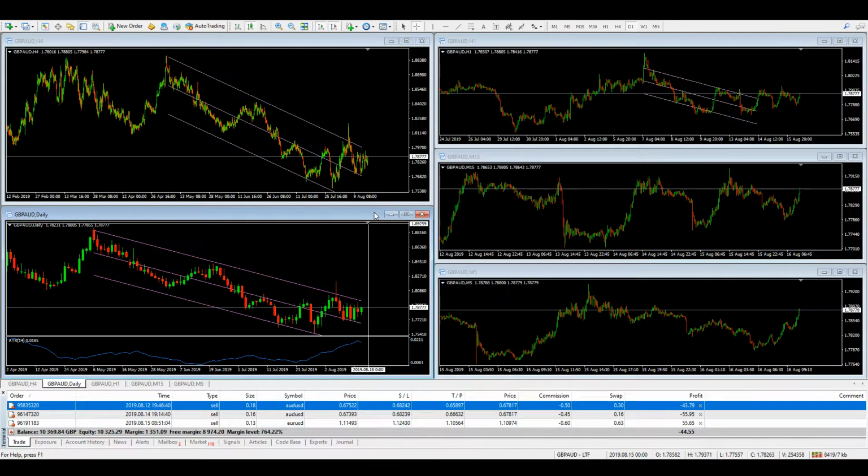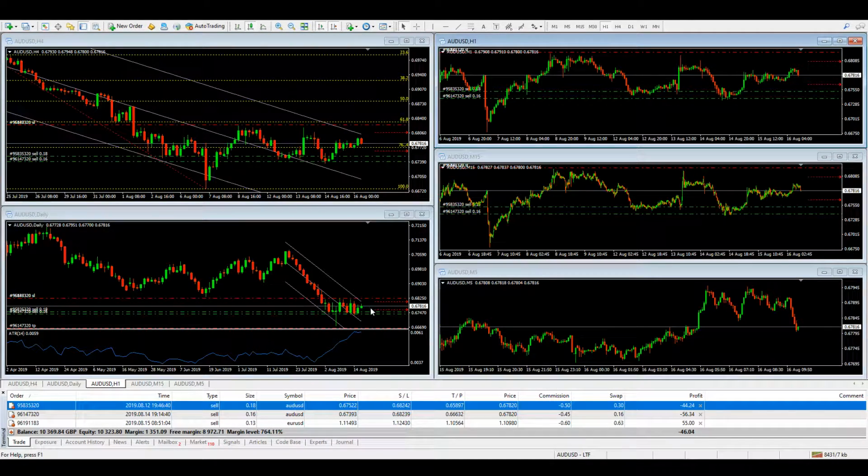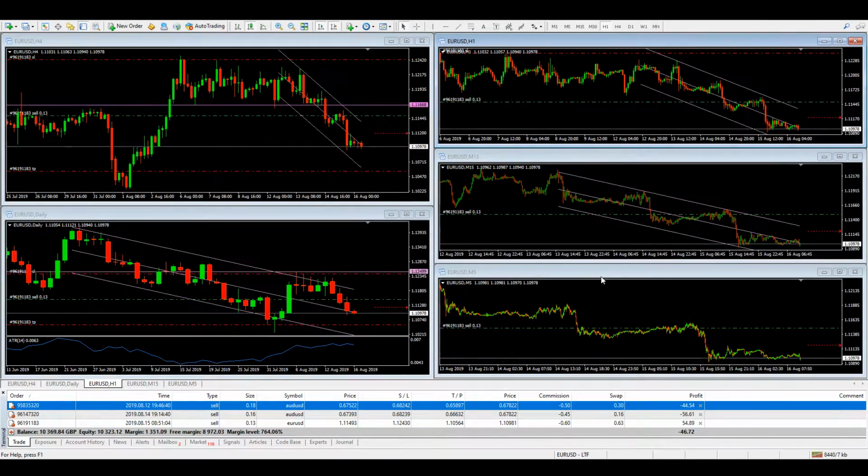So if you remember, memorize what you're seeing on this chart here, and then we switch back to the Aussie USD, no, hang on, it wasn't the Aussie USD. What was it? It was Euro USD. Yes, sorry, it's because it was the trade that I was in.